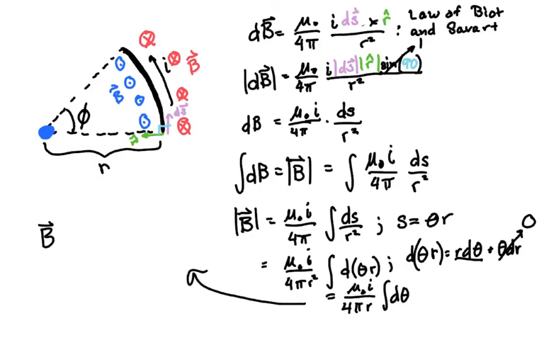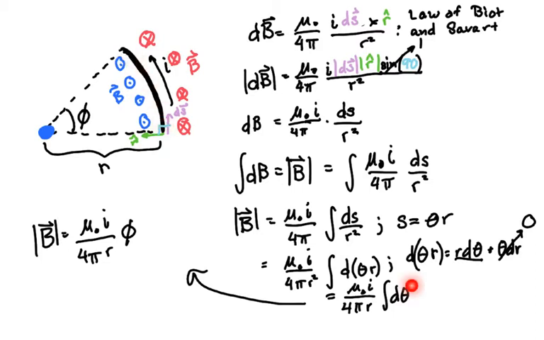So the final result is that the strength of the magnetic field is equal to mu naught times the current divided by 4 pi times the radius of our circular arc, times our angle phi. And that is the total angular deflection of our circular arc.